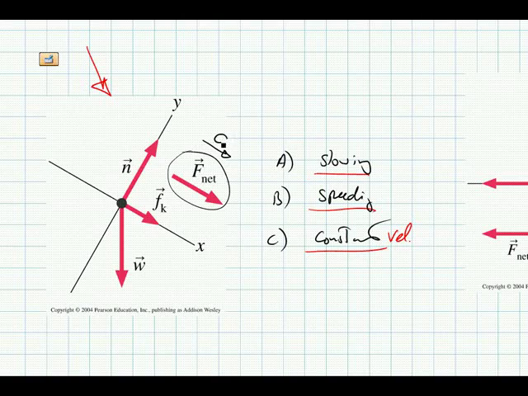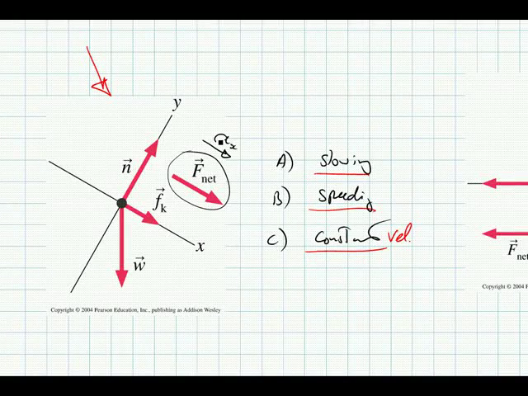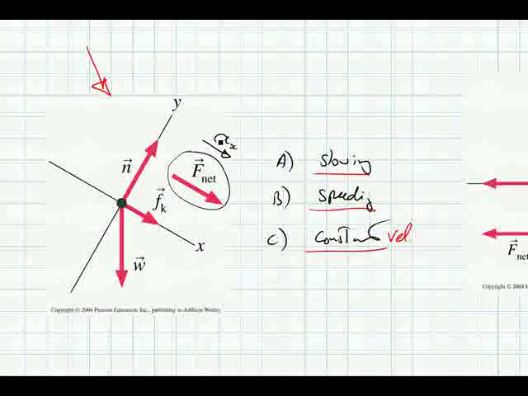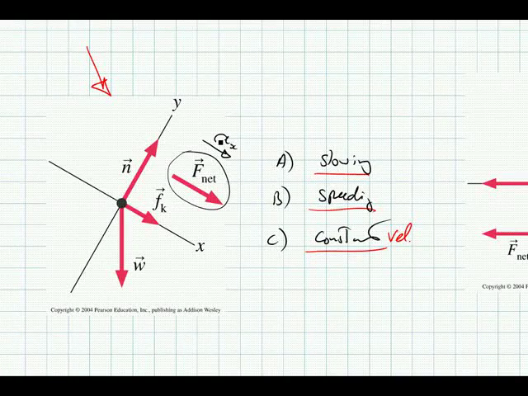That means the object has an acceleration in the positive x direction. So if only we knew which direction the object were moving, then we can figure out if it's speeding up or slowing down.